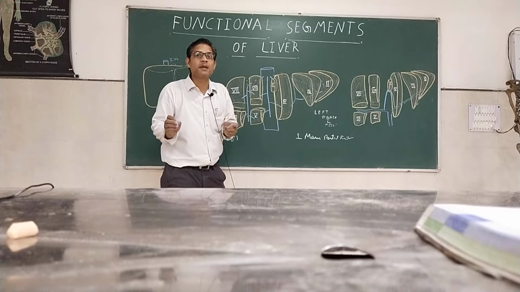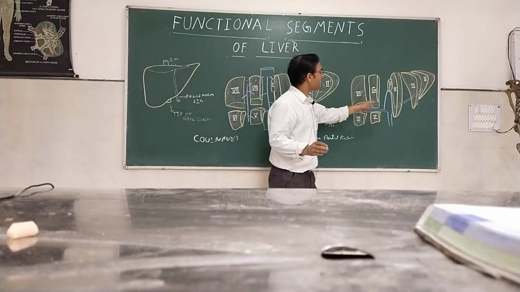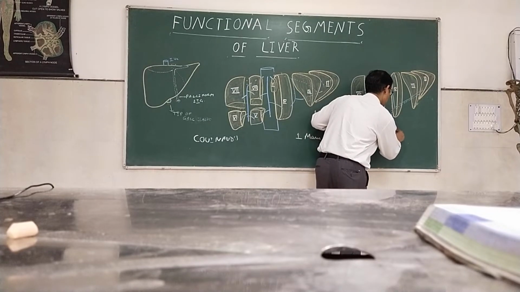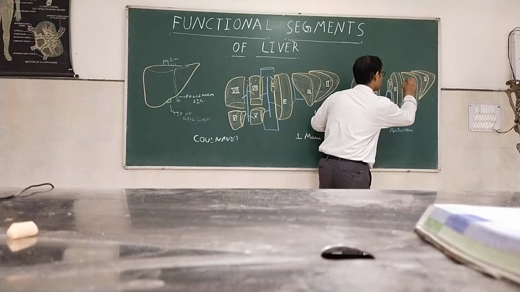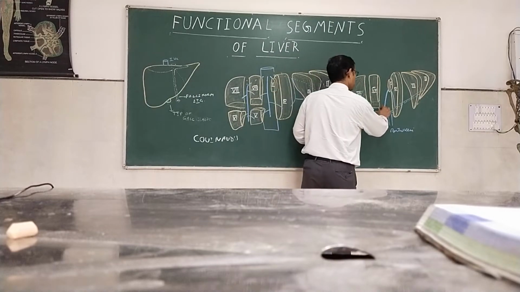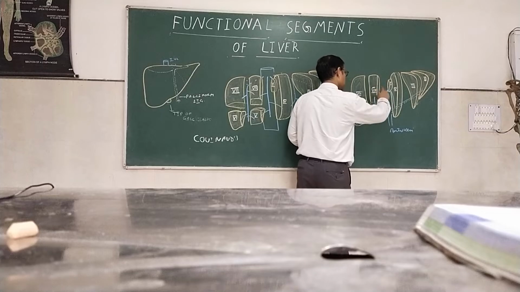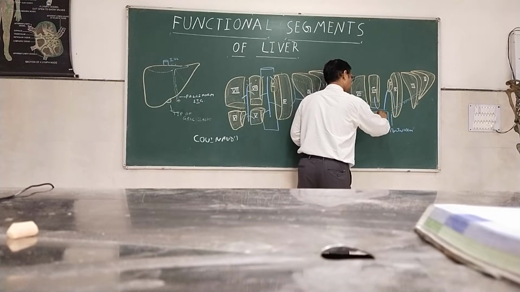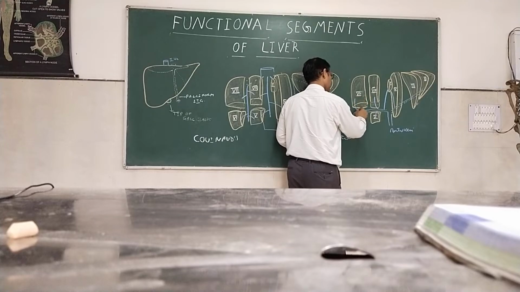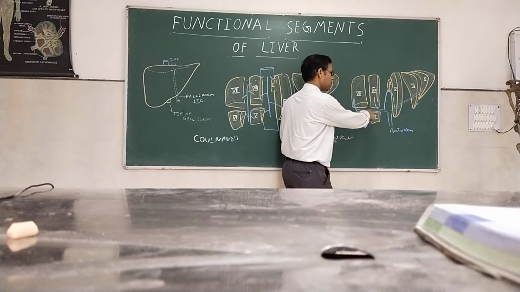These are points to be remembered. But the caudate lobe is supplied by the portal vein. The portal vein is divided, supplying the 8th, the 5th, the 6th and 7th, and that is the right one.